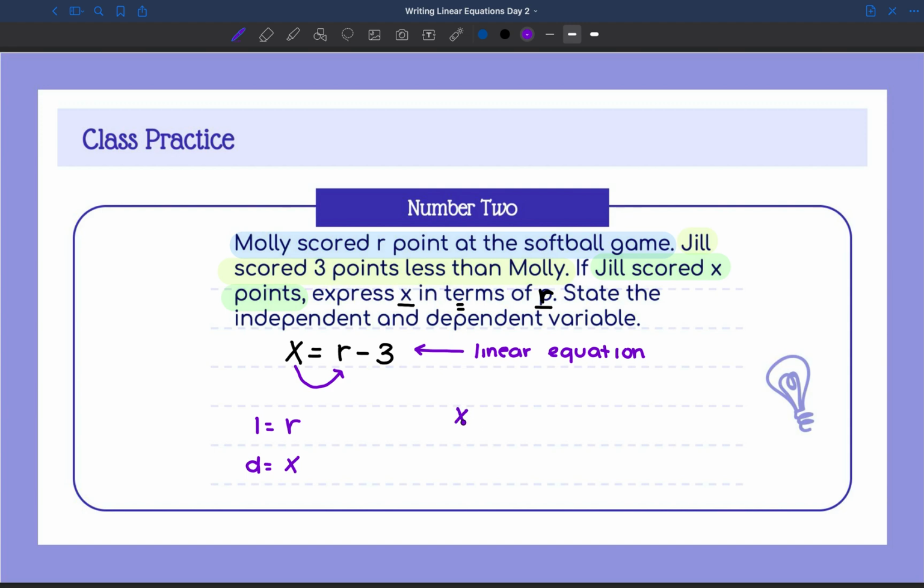So if we originally had X equals R minus 3, then 5 minus 3, we know that X equals 2. So our dependent variable depends upon our independent variable.